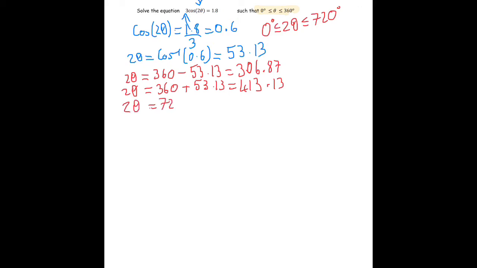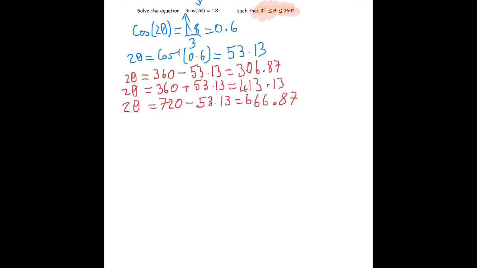and I can subtract 53.13, which gives me apparently 666.87 degrees. 720 plus 53.13 would also be a correct answer, but it would be outside of my range when I divide by 2, which is 720 originally, but 360 is my value there for theta.